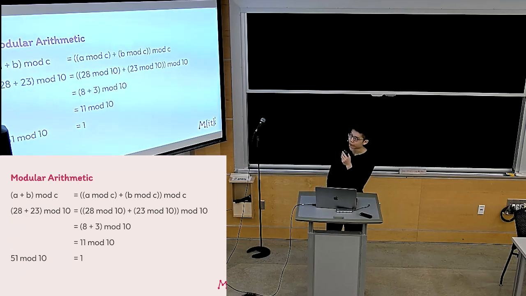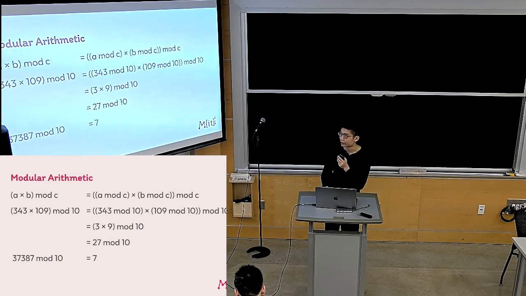And we have an example here. If you had 2 numbers 28 and 23, you could sum them and get 51 and take modulo 10, or you could take 28 modulo 10 and 23 modulo 10, and then get 8 and 3 and then sum those. So this is a very simple example.